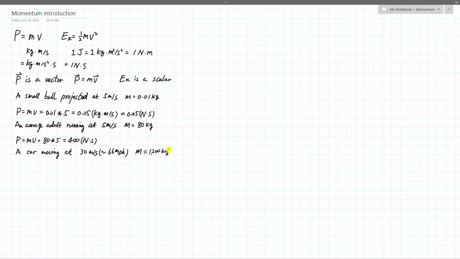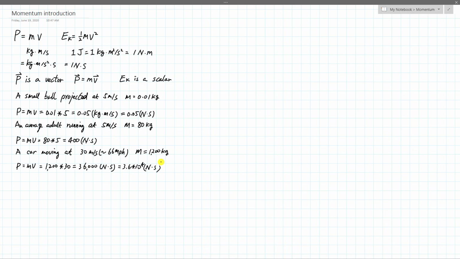So, a vehicle. And the magnitude of momentum in Newton seconds is 1200 times 30, so 36,000 Newton seconds, or 3.6 times 10 to the 4th Newton seconds.